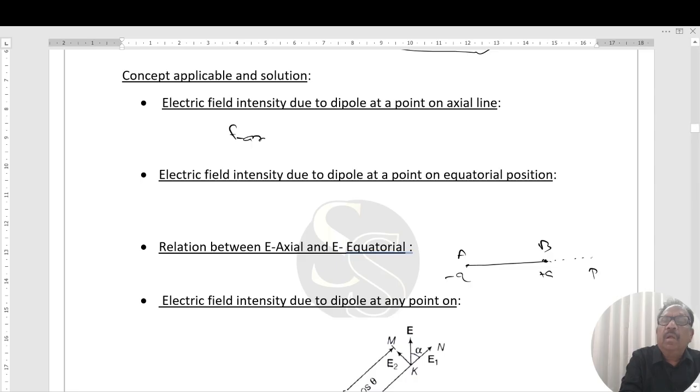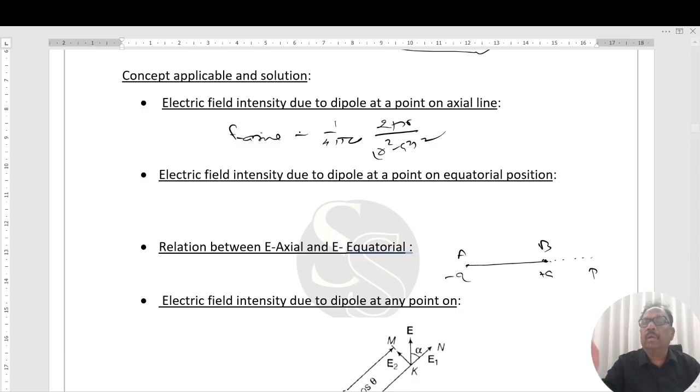will be 1 over 4 pi epsilon naught, 2PR upon (R square minus A square) whole square. Right? Now, in the case of approximation, 1 over 4 pi epsilon naught, 2P upon R cube along, in this case, this is the point BP produced.